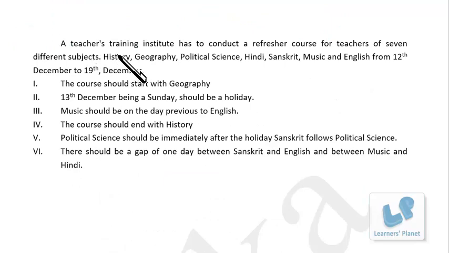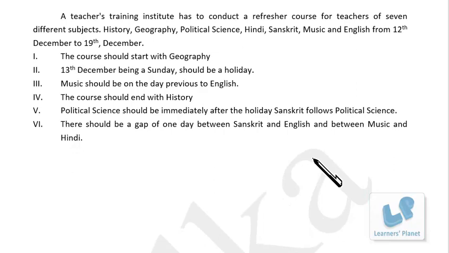A Teachers Training Institute has to conduct a refresher course for teachers of 7 different subjects from 12 December to 19 December. Okay, subject and date. The course should start with geography.